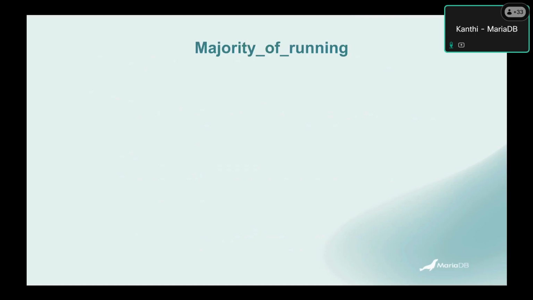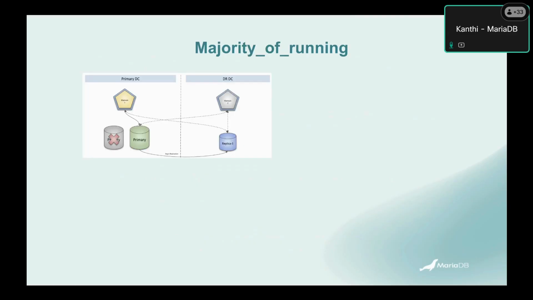For example, let me start with majority of running. In this first picture, this is the typical architecture that I defined earlier. In the primary data center, you have a primary and a replica initially, and there is one MaxScale. On the DR, you have one MaxScale and one replica. The first operation is that the primary node in the DC goes down.